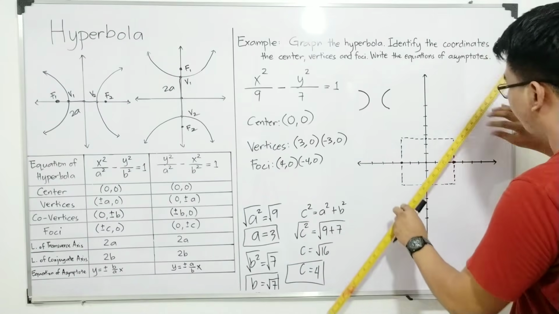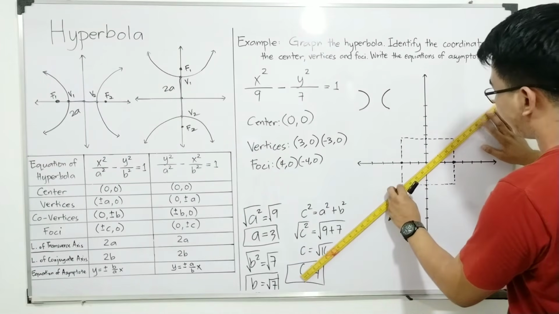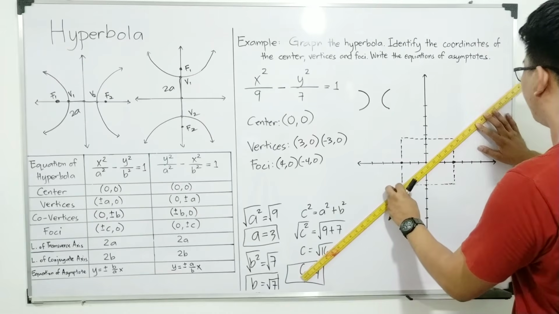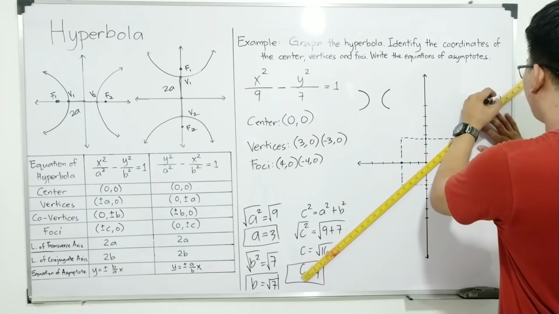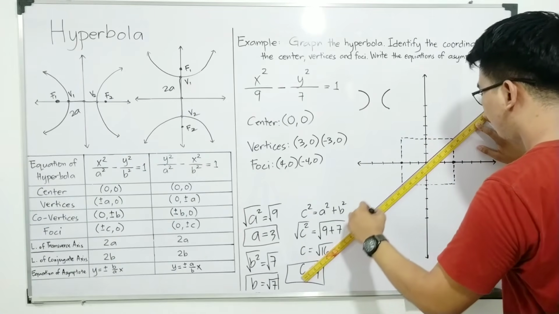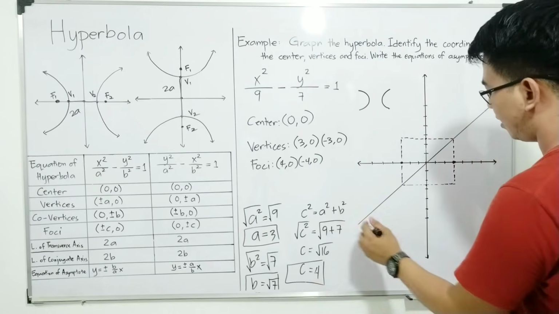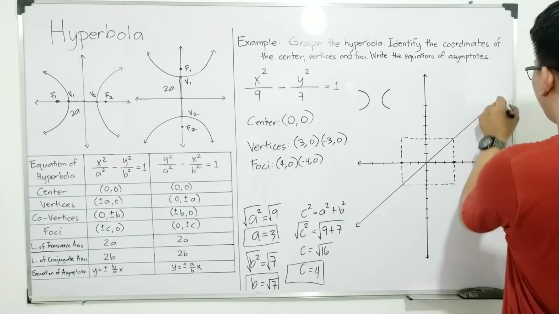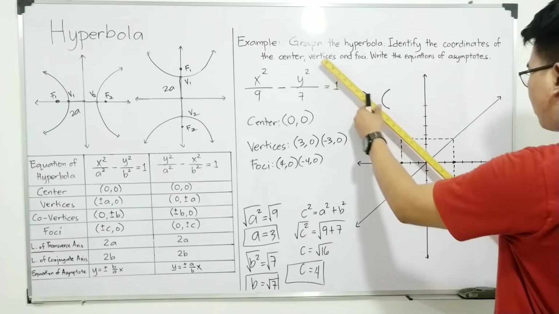Mag-drawing ng diagonal pero lagpas. Ito na ngayon yung ating asymptotes. Yan. This will be our asymptote. Mag-solid line na kayo dito, guys. This will be our asymptote. Ginawa siyang solid line kasi meron tayong equation for this.